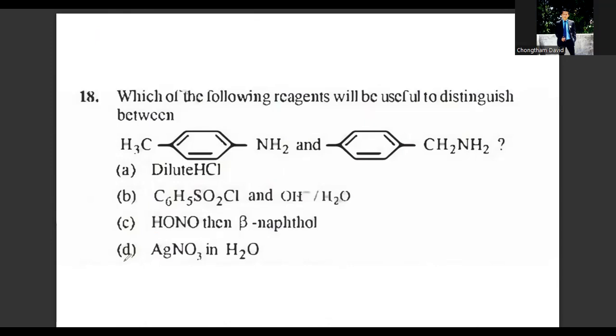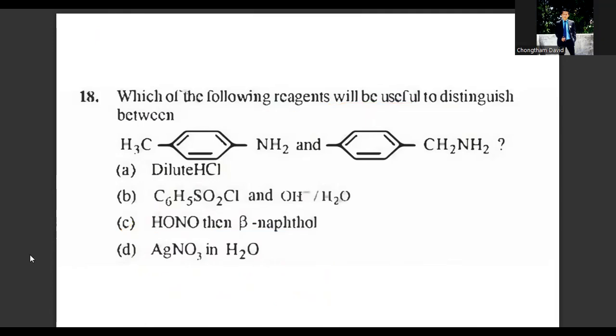You can write the structure of the dye that is likely to be formed by compound A. If it forms an azo dye, the coupling reaction will take place like this. So you can distinguish easily. The first compound will give an azo dye with nitrous acid and beta naphthol.